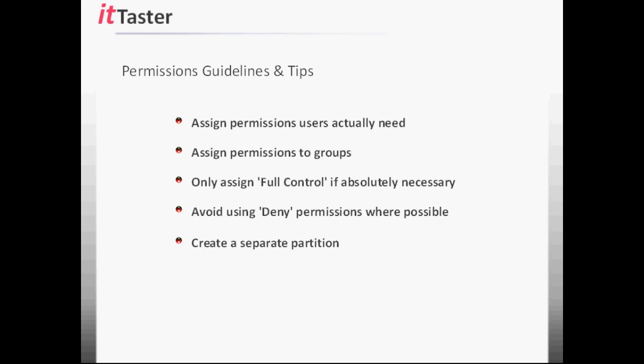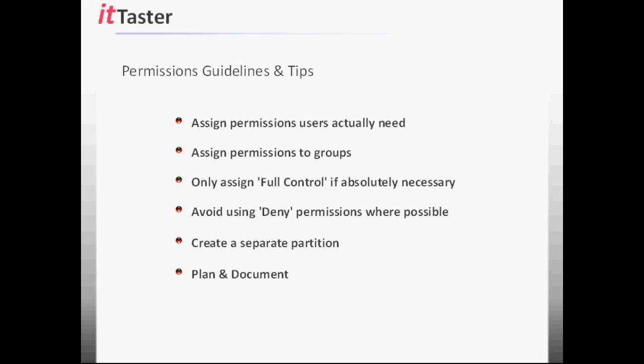Create a separate partition or volume for your file and folder objects, and leave the system partition well alone. Changing file and folder permissions of system objects is a recipe for disaster. Take the time to plan your file and folder permissions and document it.